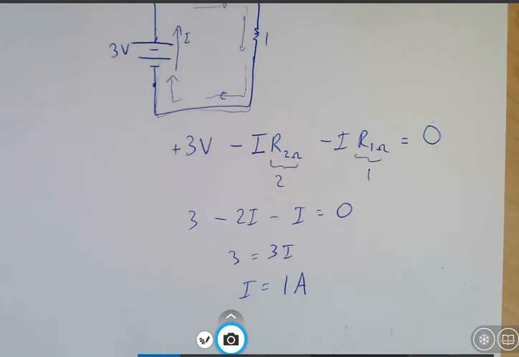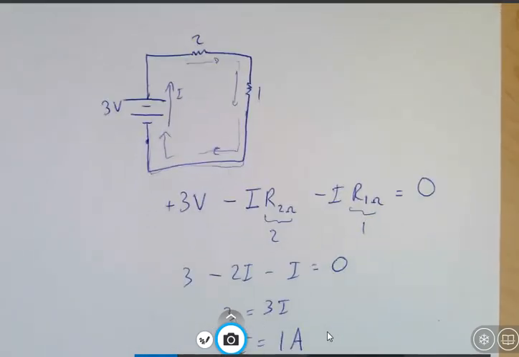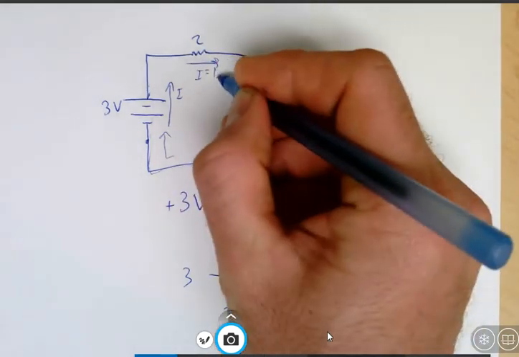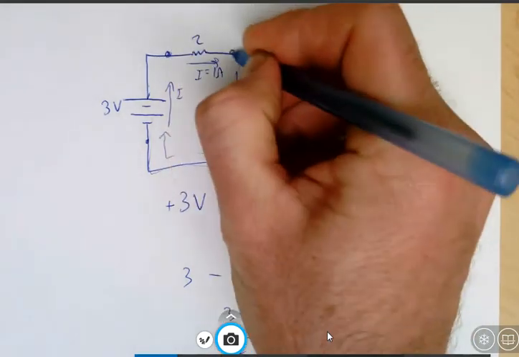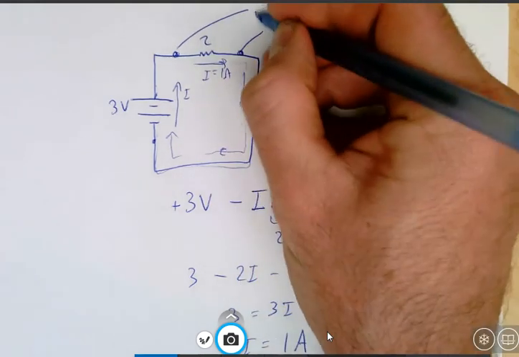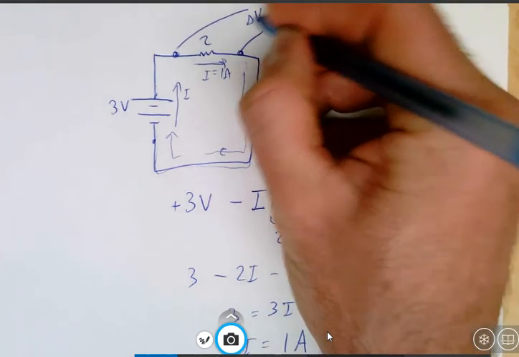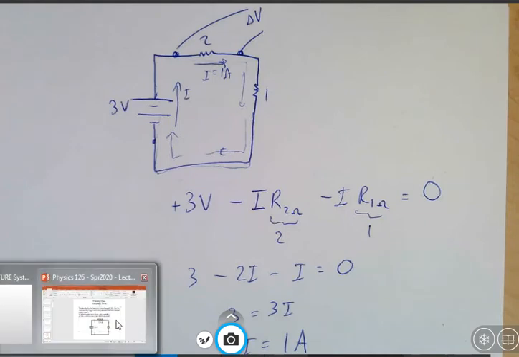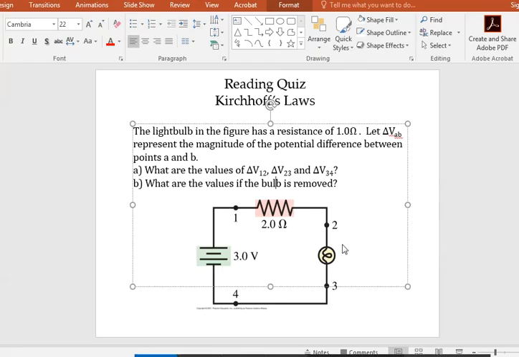Let's go ahead and compute some voltage differences then. If the current that's going through this 2 ohm resistor, I, is equal to 1 amp, then what's the voltage difference between this point and this point right here? That's going to be delta V, and in the language of the question that was asked, that was asking between points 1 and 2.